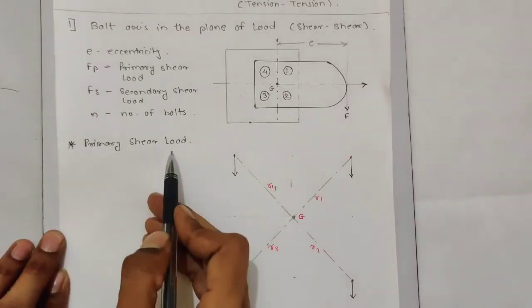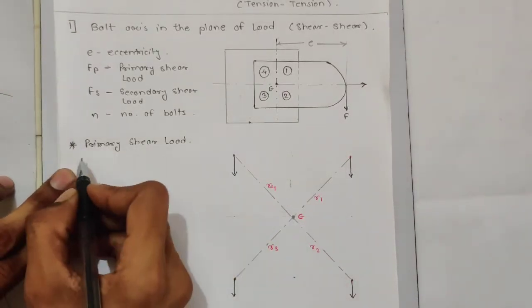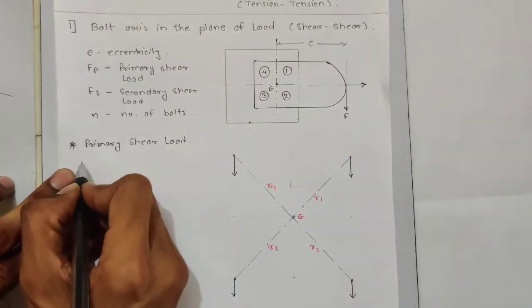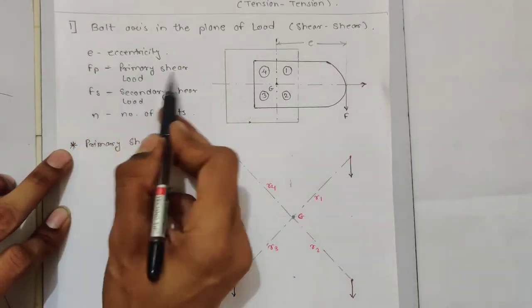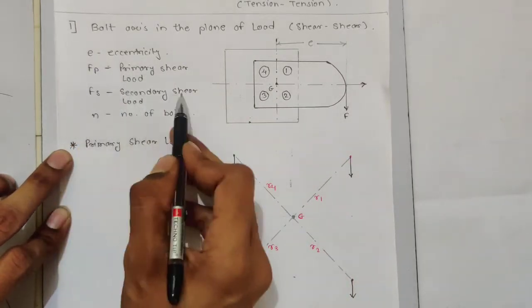So on bolt 1, we say Fp is the primary shear load and Fs is the secondary shear load.